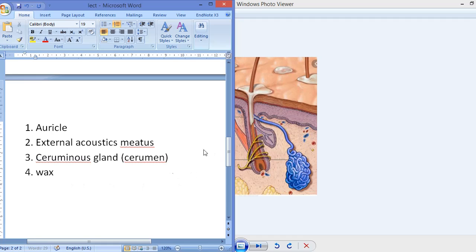So this wax is the combination of cerumen plus sebum plus epithelial cells. The combination of shed epithelial cells plus sebum plus cerumen makes the ear wax.